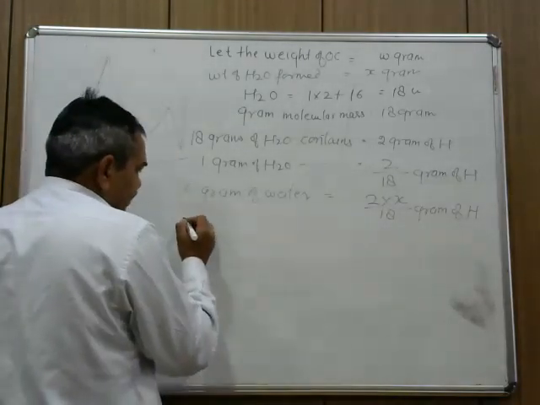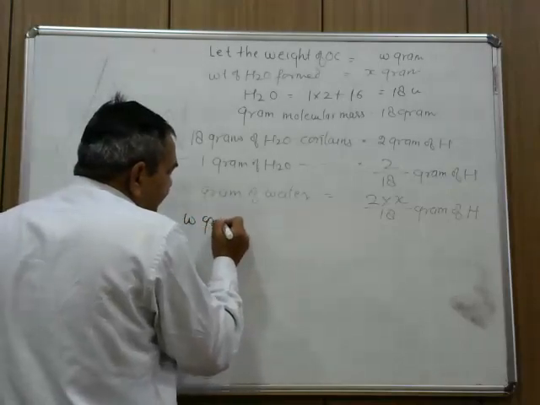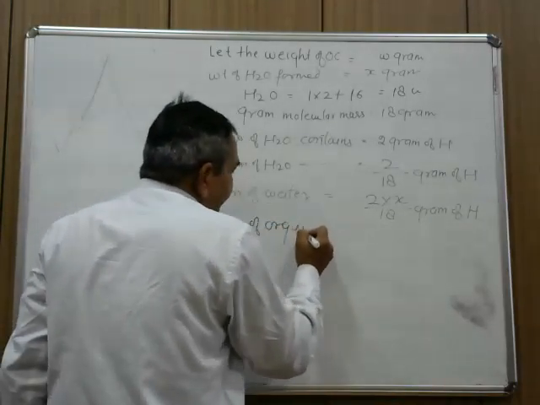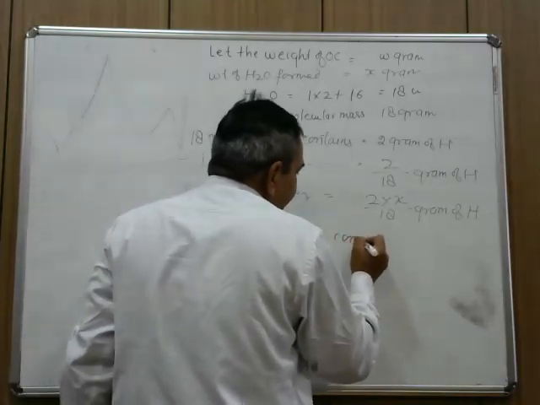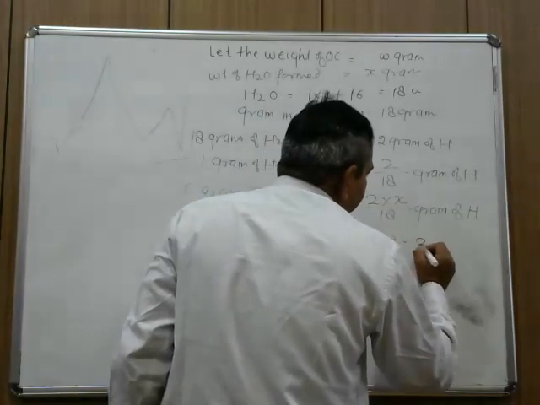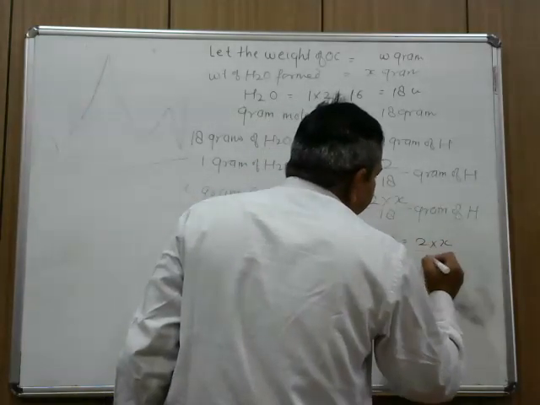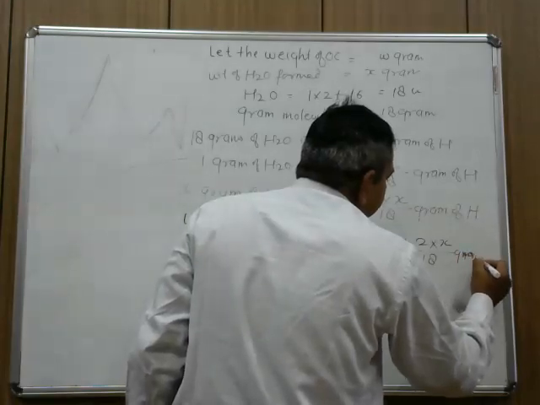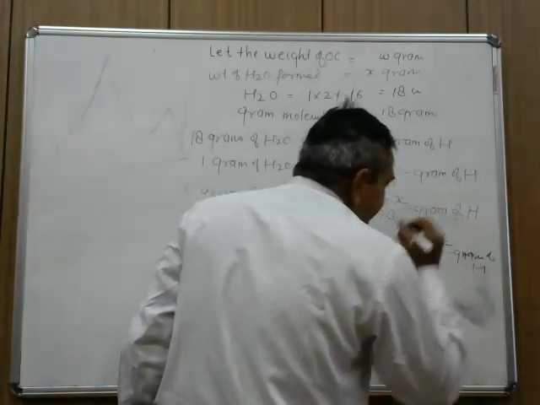So W grams of organic compound contains 2 into X upon 18 gram of hydrogen.